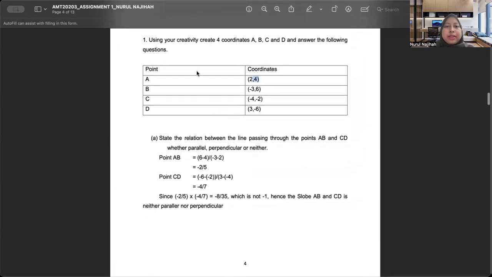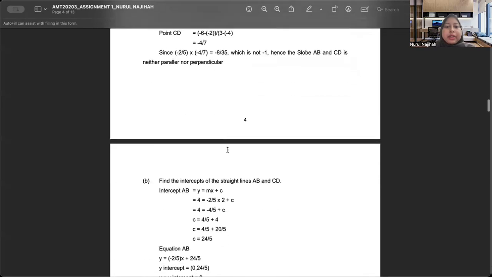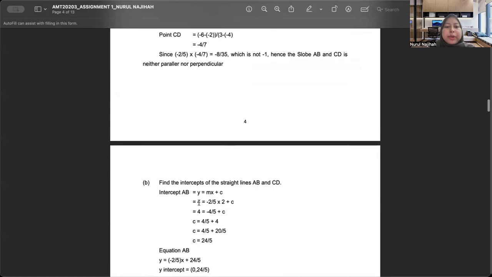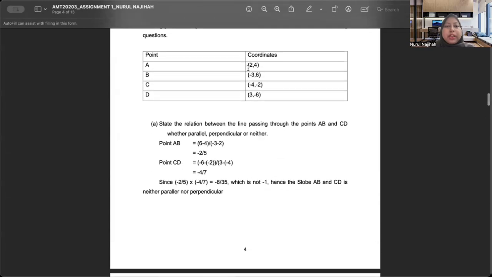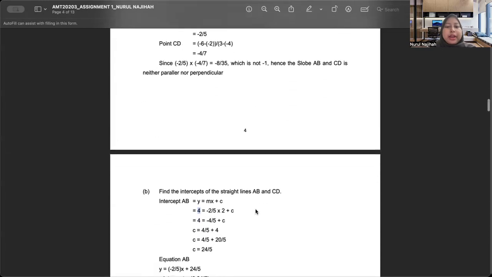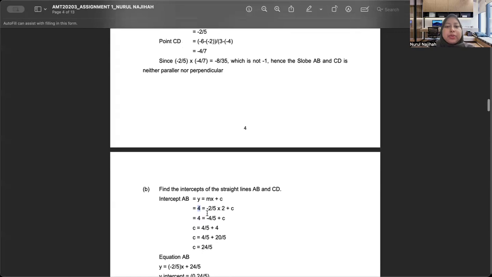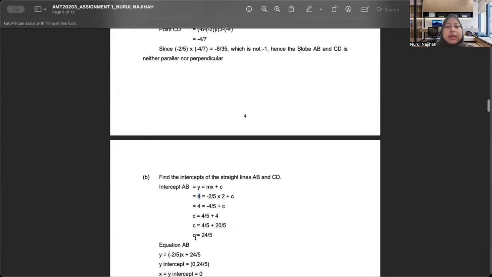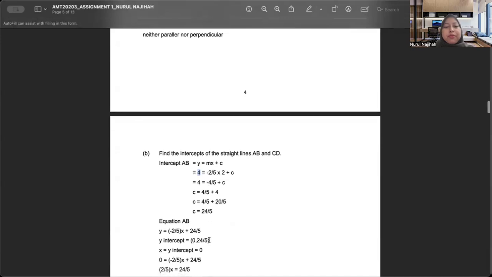Let's say we take point A. We replace y, use the slope m, replace x with the coordinate of point A, and then plus c. We are trying to get c here, which is the intercept. With the calculation, we get c equal to 24/5.